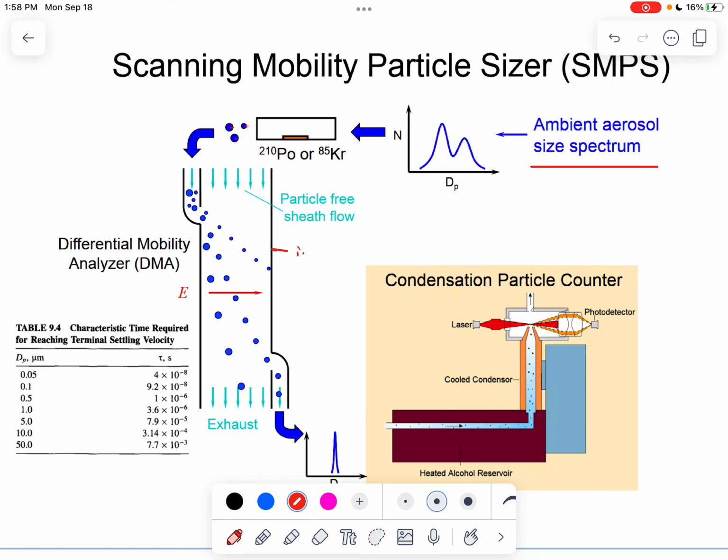So this is the inner one, outer, right? And because of the electrostatic force or the electric field that's built between these two cylinders, the particles will become separated because different particles will have different electrical mobilities, and electrical mobility is dependent on particle size, right?